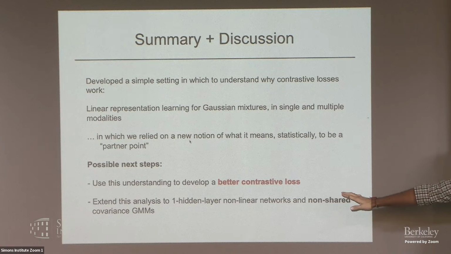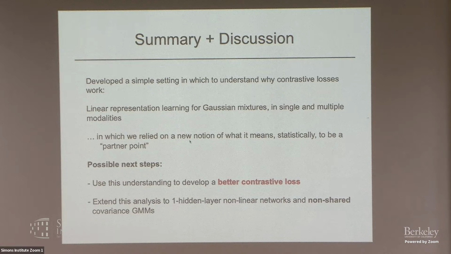What I'm really interested in is to see if we did all this, but nobody cares about linear representation learning. We want to use this hopefully to understand whether we can develop a better contrastive loss. I think this would be very interesting, maybe in some settings, if not the most general one.